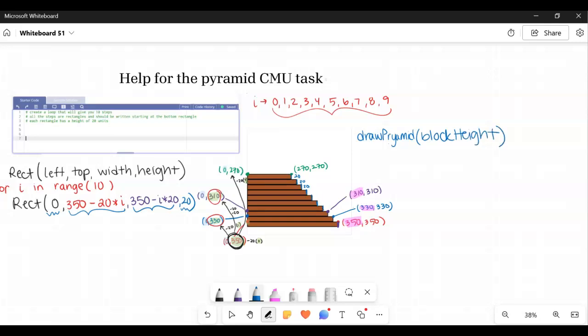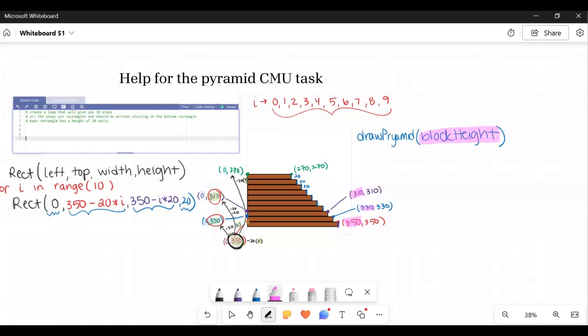This block height, and again, I can't remember if this is exactly right, you might have an input of 20. You might have an input of 30. You might have an input of 50. It really depends on every single unique situation. So if you think about how that relates here, I used 20, right? But instead of using 20 every single time, I'm going to want to use block height so that that value will change.